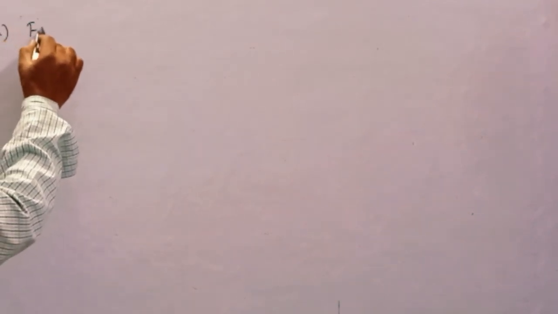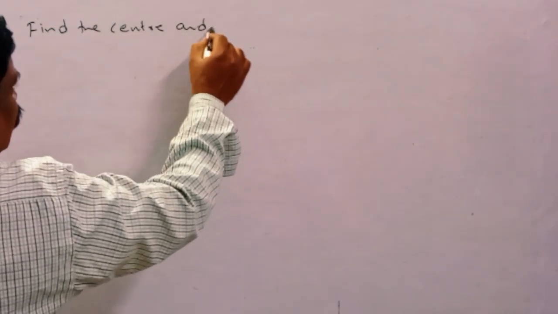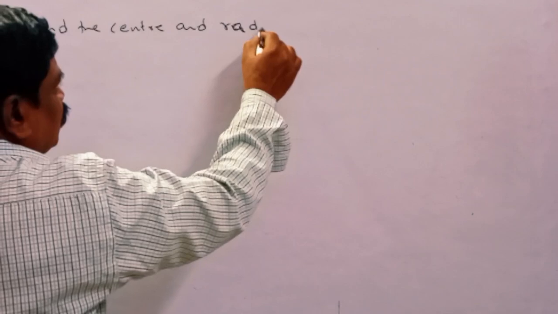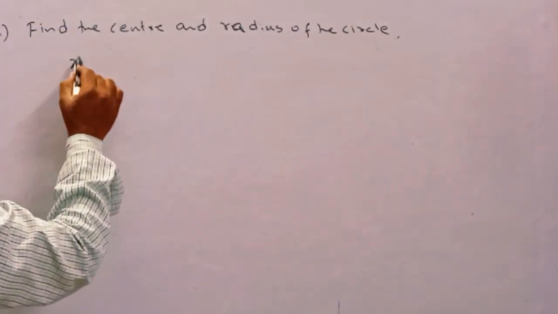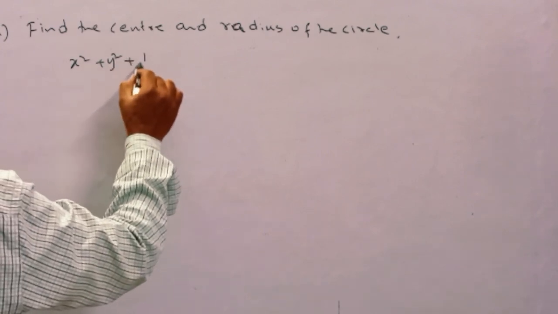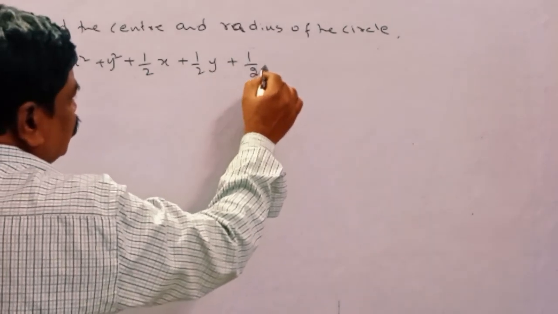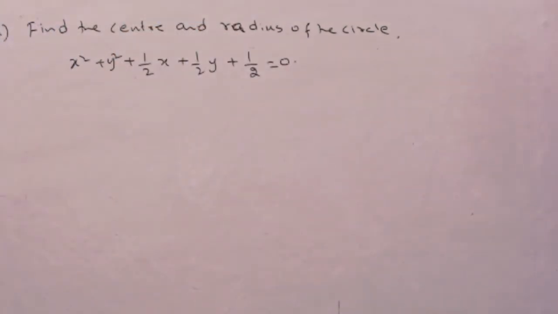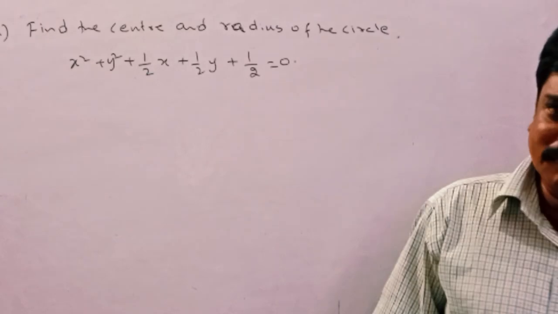Question: find the center and radius of the circle x square plus y square plus 1 by 2x plus 1 by 2y plus 1 by 2 equal to 0. We have to find the center and radius of this circle equation.